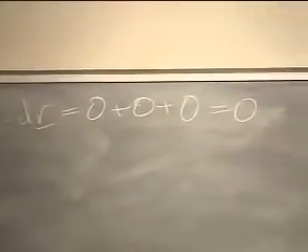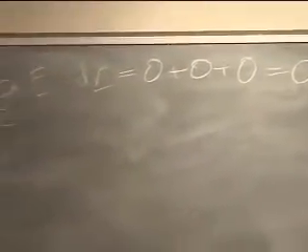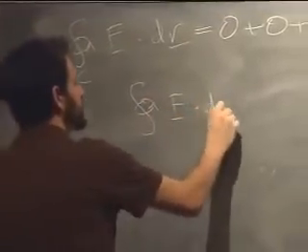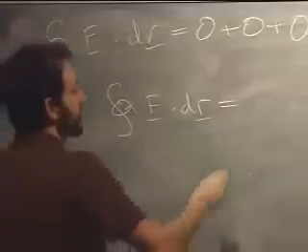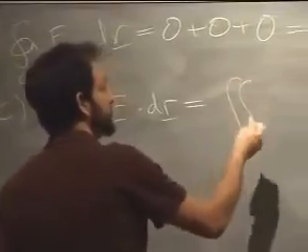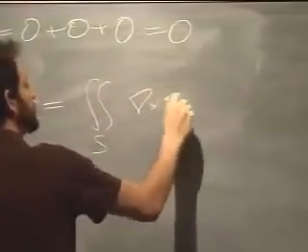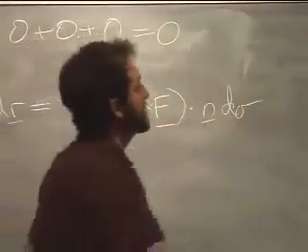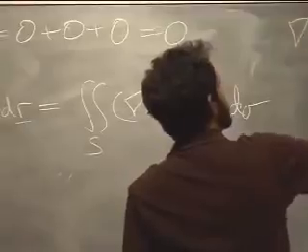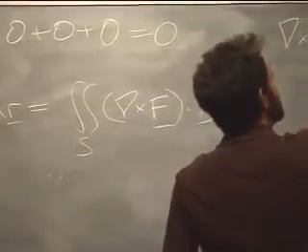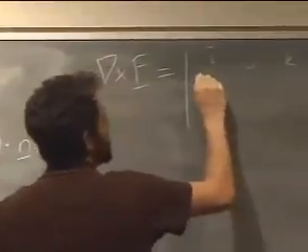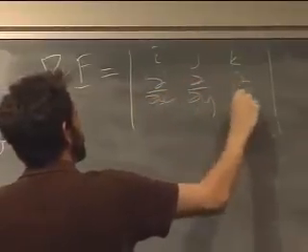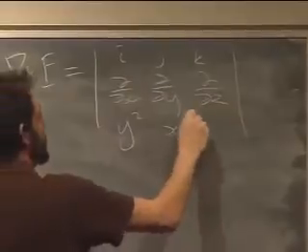It says just compute this directly using Stokes' theorem. So again, by Stokes' theorem, the integral of f dot dr is equal to what? Well, it's the double integral across the surface of the curl of this vector field dot n d sigma. So we better work out the curl. Curl of f is the determinant of i, j, k, d dx, d dy, d dz, y squared, x squared, 0.